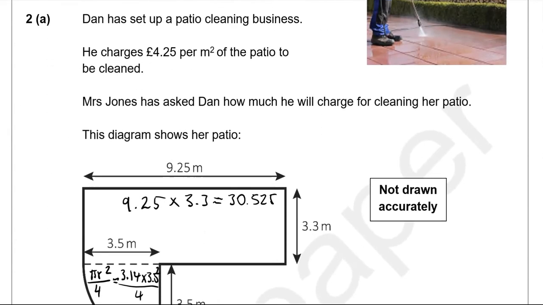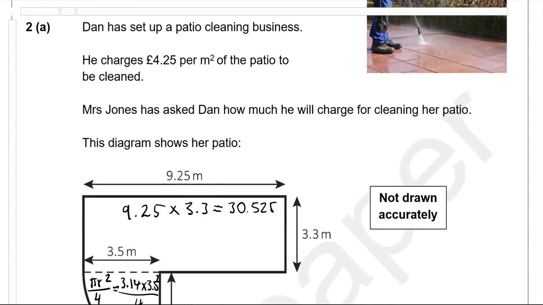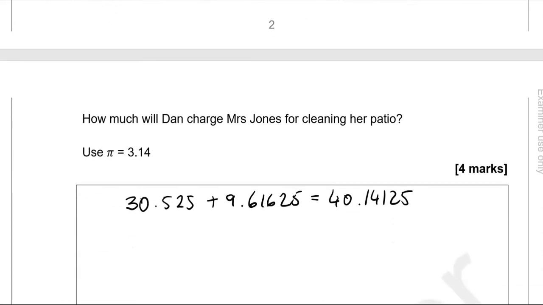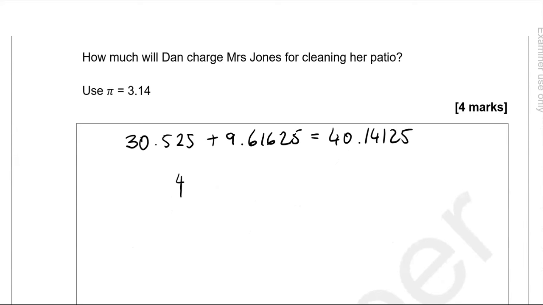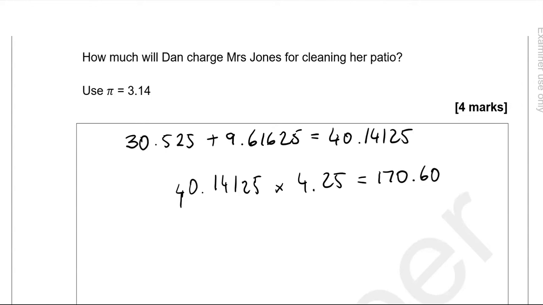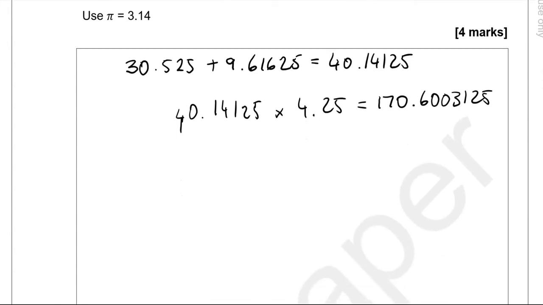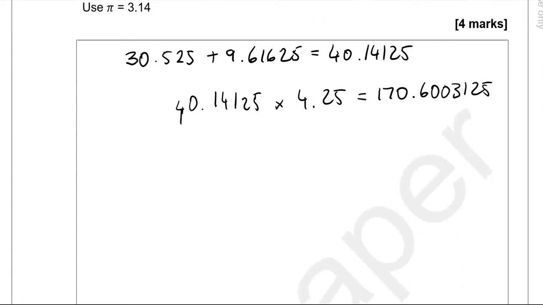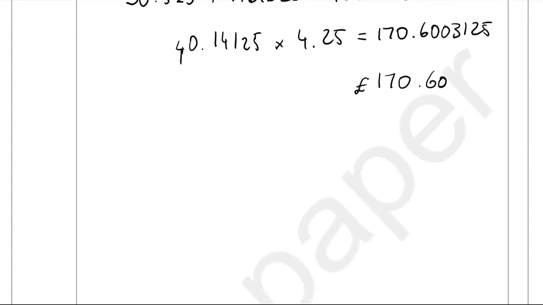Let's multiply this by how much he charges, which is £4.25, which gives us 170.6003125. Now, as we're talking about money, we're going to round this to two decimal places, so it's £170 and 60 pence.